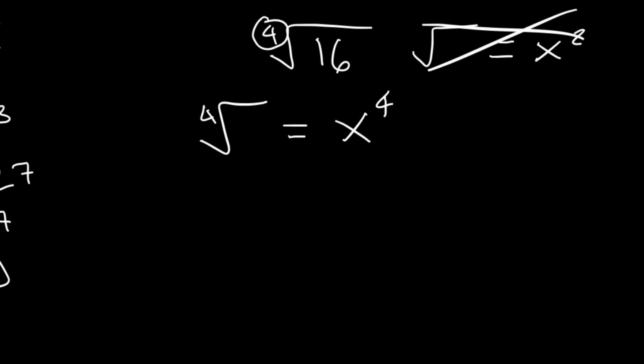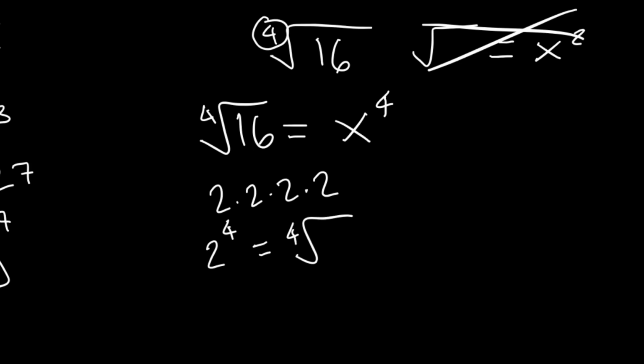But we're not doing that because we have the index of 4. So the quartic root of 16 is 2 times 2 times 2 times 2, also could be written as 2 to the fourth. So we know that the quartic root of 16 is equal to 2.